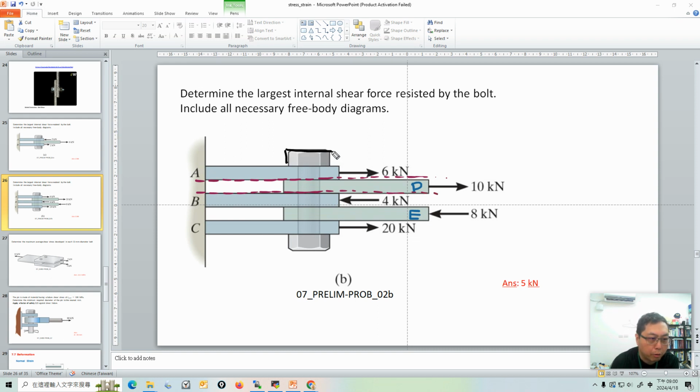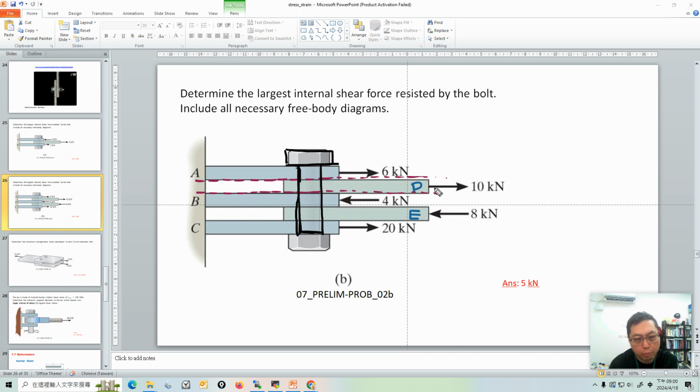I'll maybe draw it, because it's transparent and not that visible. So the bolt is here, and here are the two shear planes: D contacts A, D contacts B.